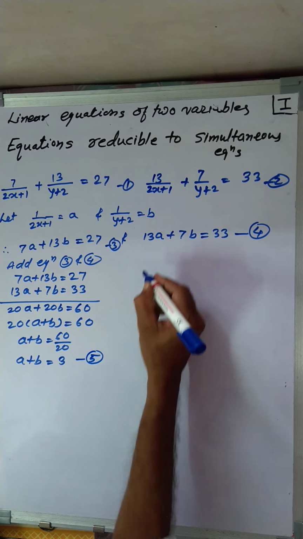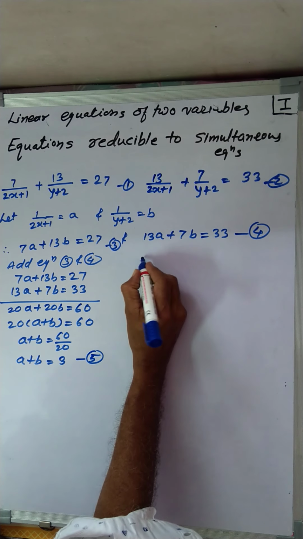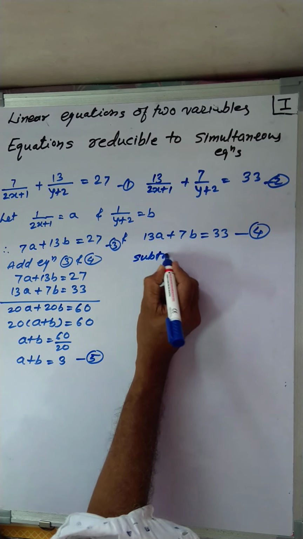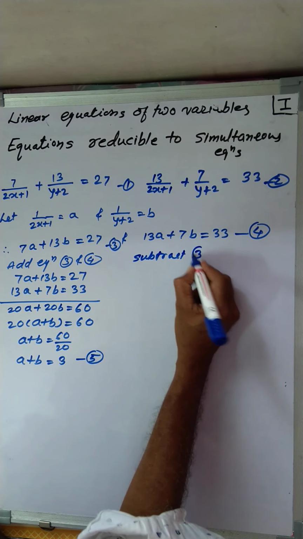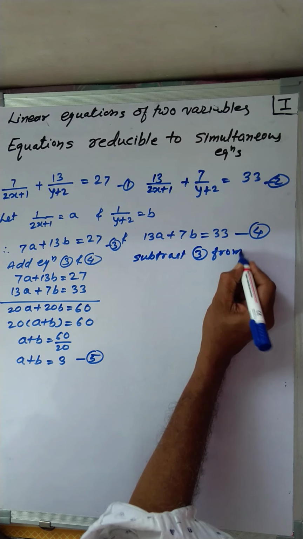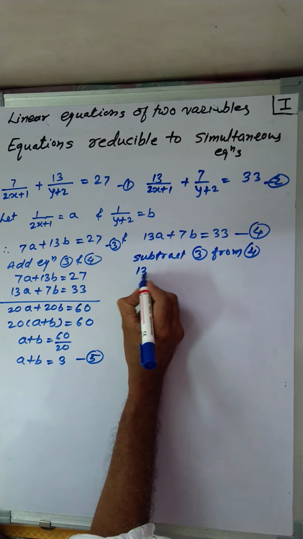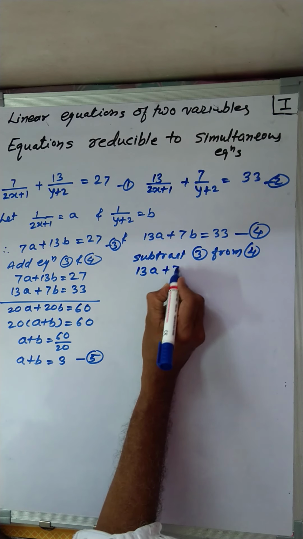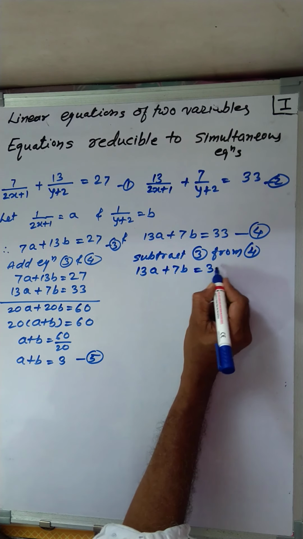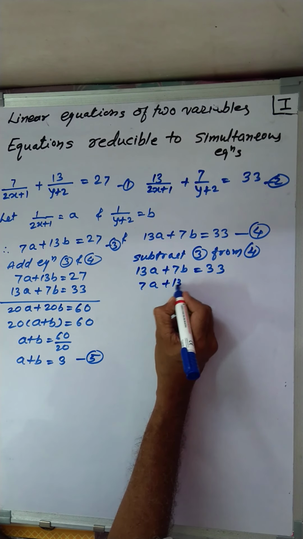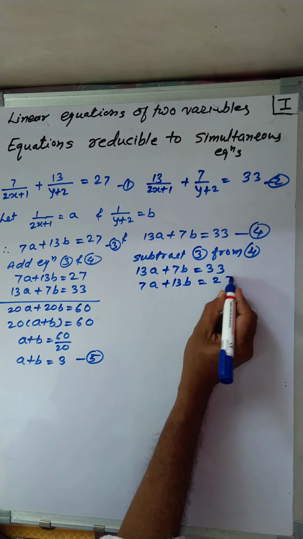Similarly, we subtract these two equations, 3 from 4. That means we write the fourth equation first: 13a plus 7b is equal to 33, and 7a plus 13b is equal to 27.